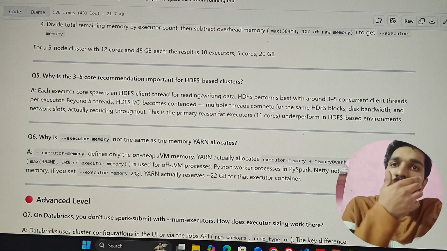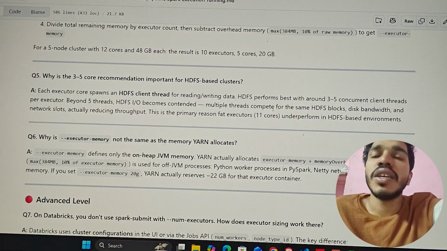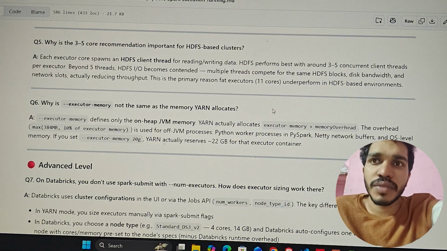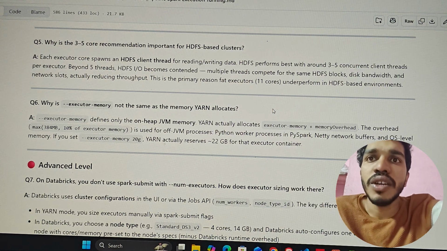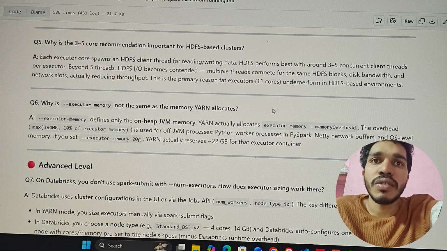Why is the 3 to 5 core recommendation important for HDFS based clusters? Each executor core spawns an HDFS client thread for reading or writing data. HDFS performs best with around 3 to 5 concurrent client threads per executor.